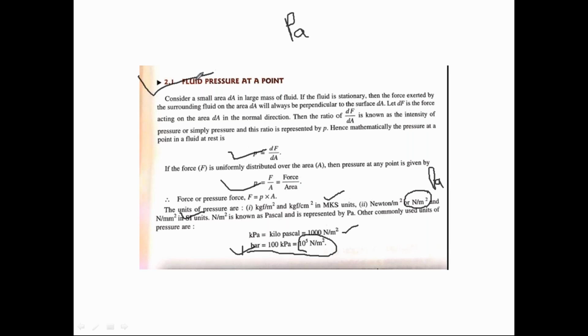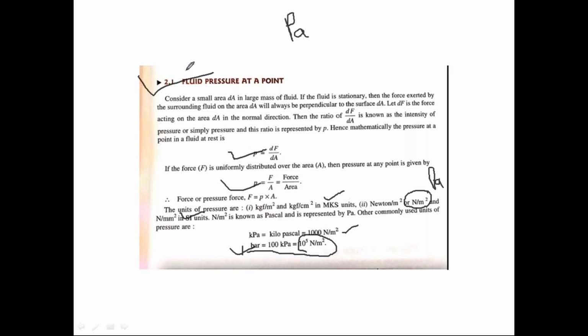So this is about fluid pressure at a point. Whenever the fluid comes in contact with a surface, that fluid will exert a pressure on that surface. To know the exact value of the pressure force, we must have the value of the intensity of the pressure and the dimension of that surface.